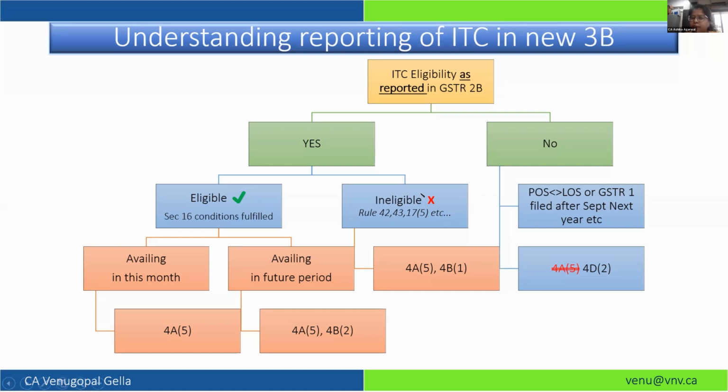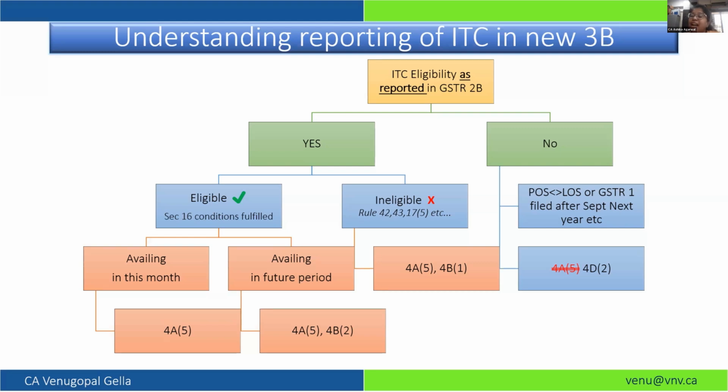Ineligible ITC, which obviously will form part of 4A5, and as it is a permanent reversal, you have to show in 4B1. Now, this ITC, which is not auto-populated from GSTR-2B, you show in 4D2, where your place of supply is not equivalent to the location of supplier, or where the GSTR-1 has been filed after the due date.